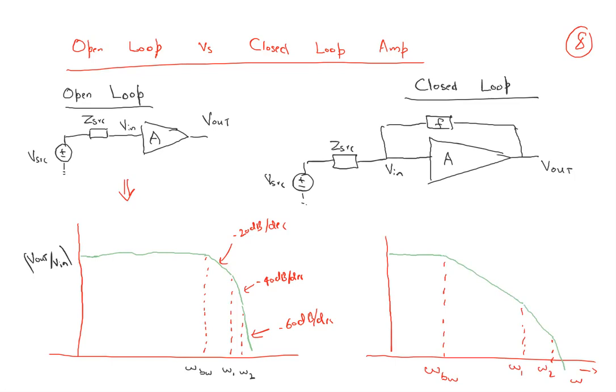So in closed loop, in general, the bandwidth is small. Here in open loop it's large, but here the parasitics are far.